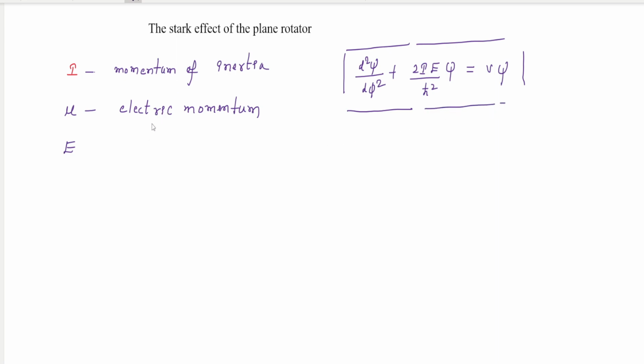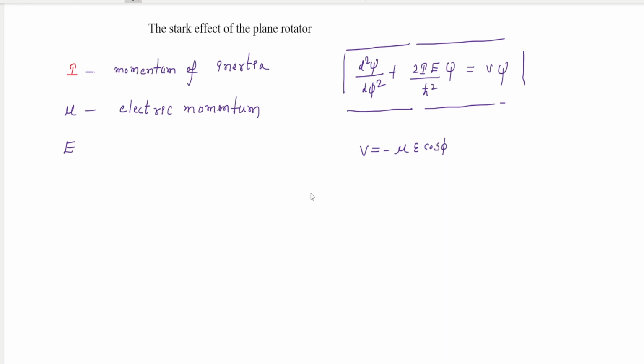So after substituting this static electric field into the system, the potential energy of the system is created like this, where mu is the electric dipole moment, and E is the electric field, and cos phi.